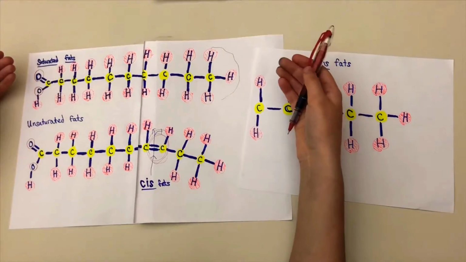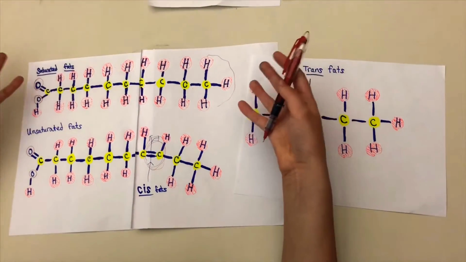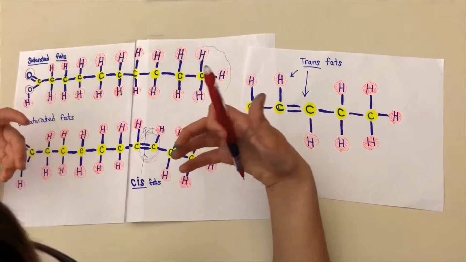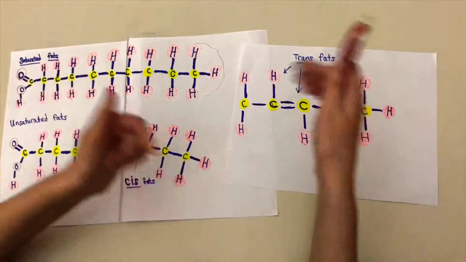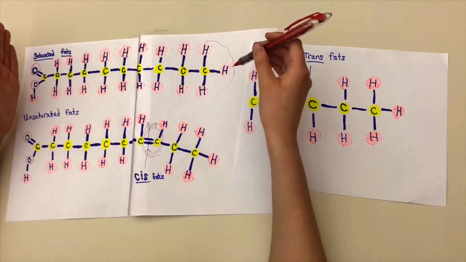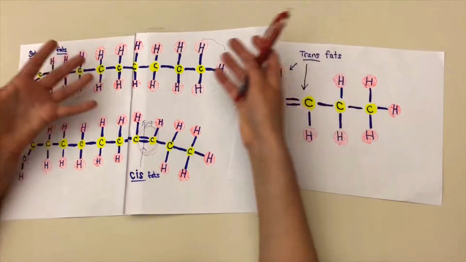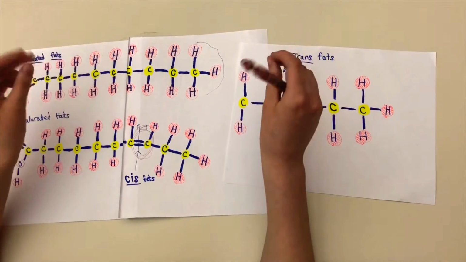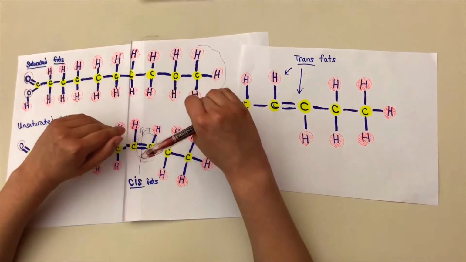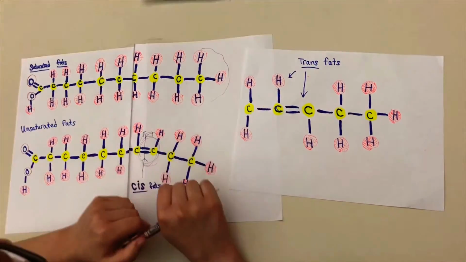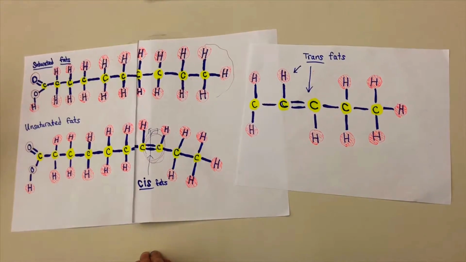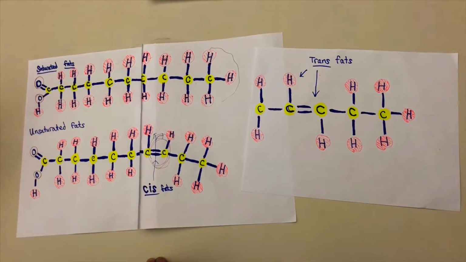As you can see from the structure, it's just different from how unsaturated fats and cis fats are from trans fats, that it is basically just more, it sticks, so to speak. And that makes it harder to burn off, and it will just basically go straight to your fat areas and just kind of sit there.